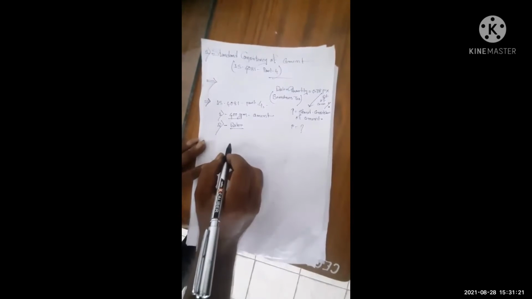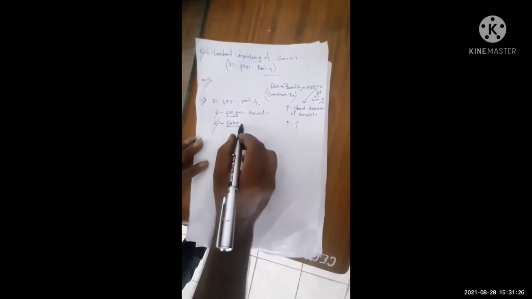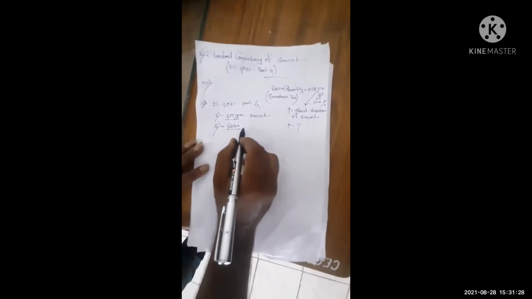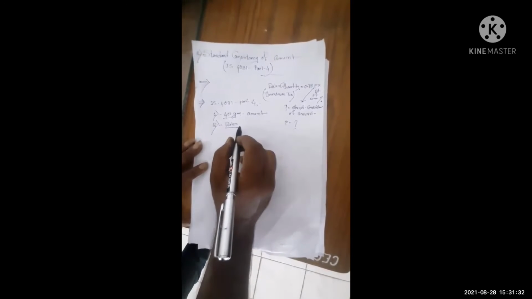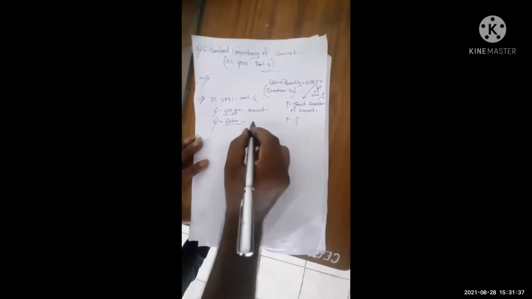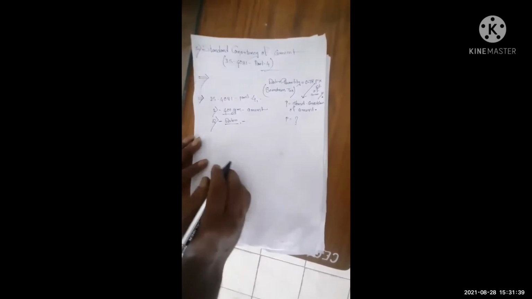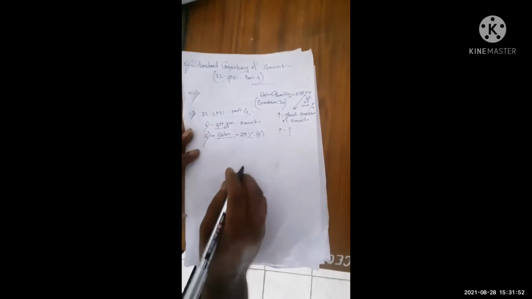But there is no fixed value for mixing the water, or we cannot say that this is a fixed value for consistency of cement. We have to find it out in this experiment. Here we are taking, suppose, standard consistency P as 29%.